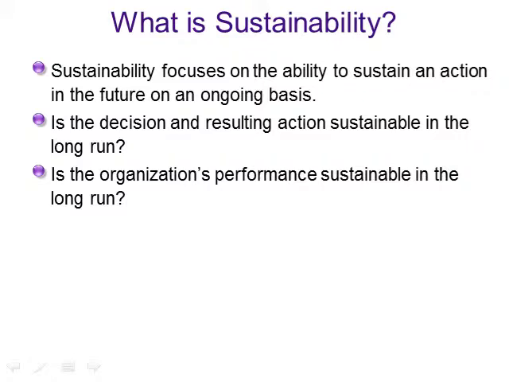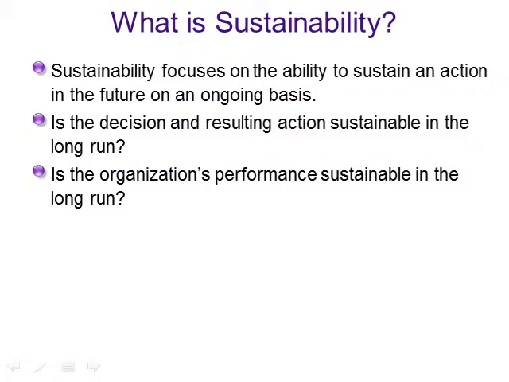And so that then gets us to this idea of, so how do we define sustainability? What is it with respect to what we're talking about here? Sustainability really focuses on the ability to sustain an action in the future on an ongoing basis. So it's not just a one-time shot.